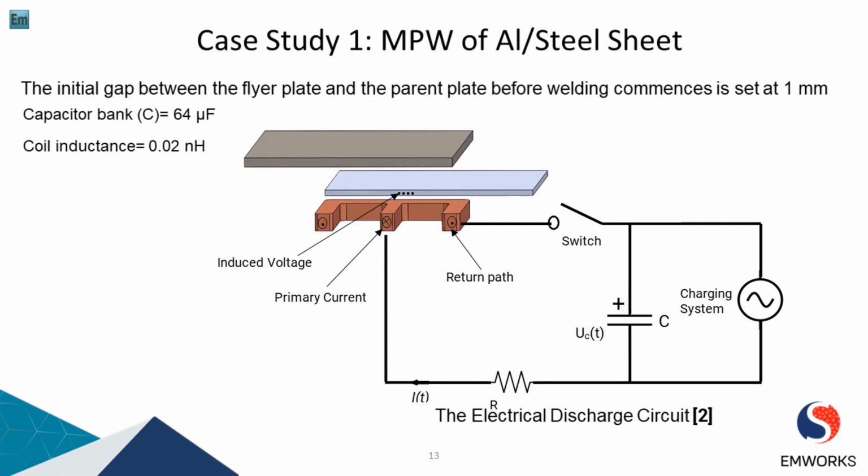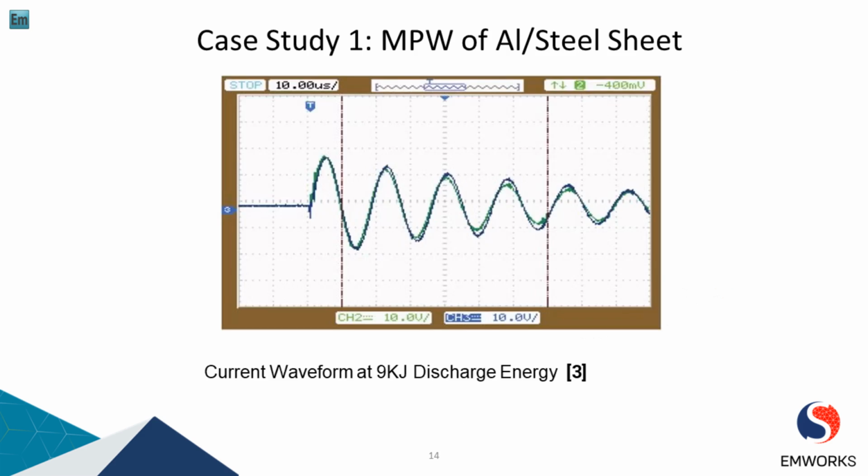Now, to comprehend the intricate magnetic pulse welding process, it's essential to analyze the electric discharge waveform. As you can see here, the current waveform during the discharge, which we are taking from a reference paper, shows that a 9 kilojoule discharge energy provides valuable insights into the dynamics of the electrical circuit.